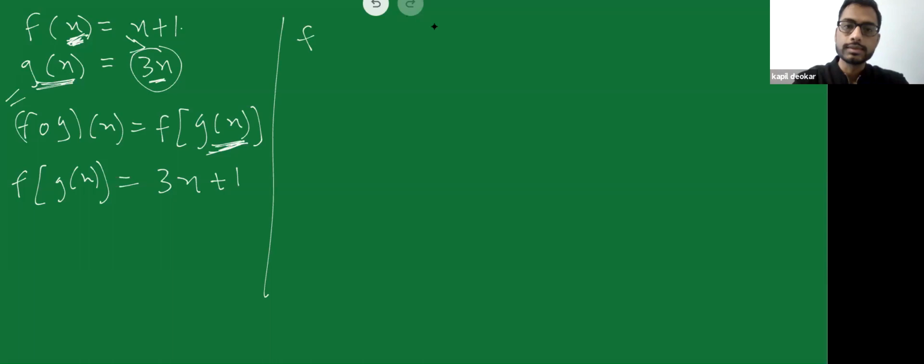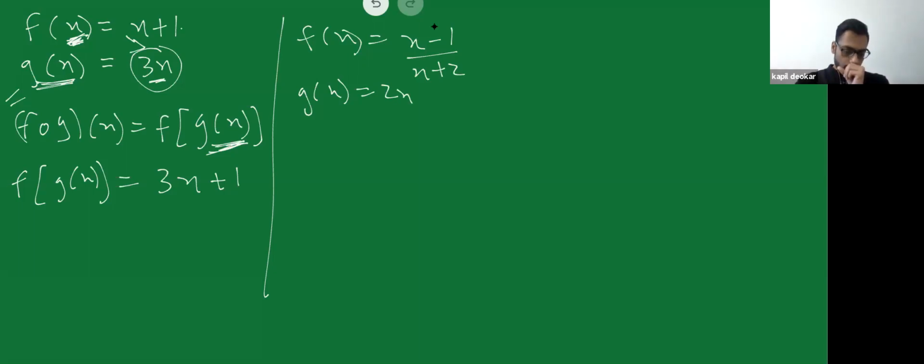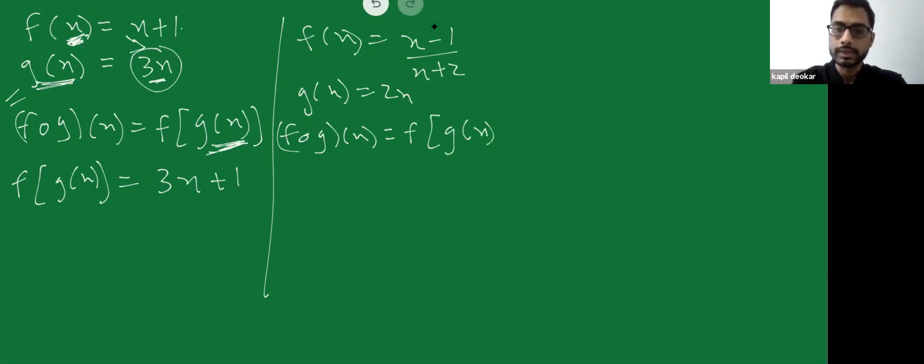Okay, we'll see one more example. F of x is equal to x minus 1 upon x plus 2 and g of x is equal to 2x. I have to find value of fog, or fog means here f of g of x value.